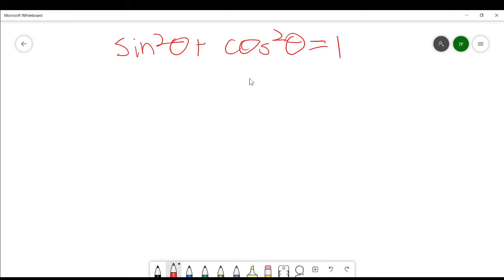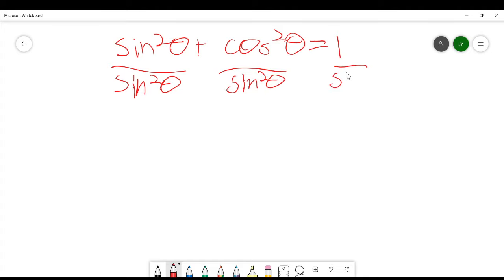What happens if we divide both sides by sine? Let's try doing it, right? We divide every single object on here by sine squared theta, right?